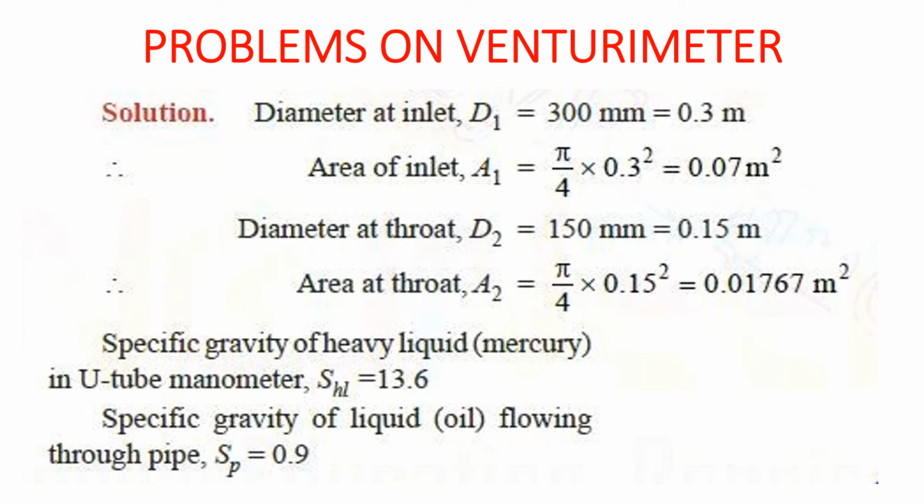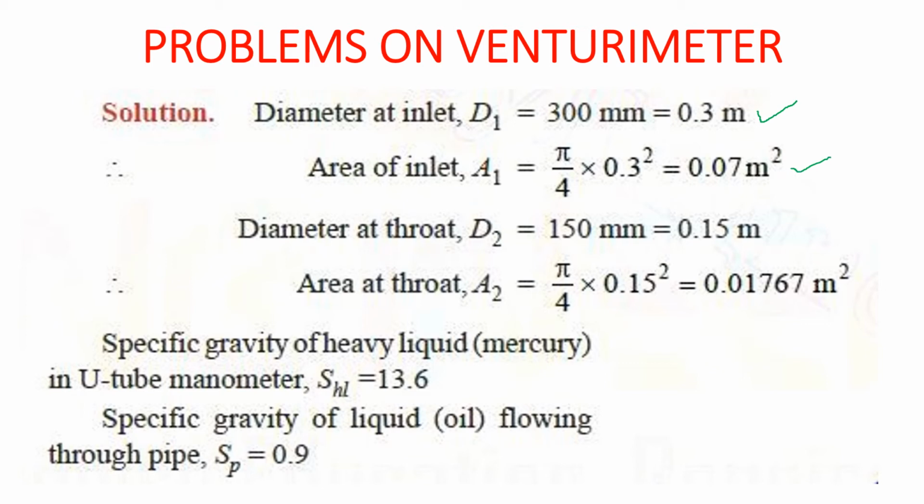So initially, diameter at inlet, which is D1, as always, is 300 mm, which is given to us, so we have converted that into meters. So we have got this as 0.3 meters, right? Then area of inlet will be pi by 4 D1 square, so pi by 4 into 0.3 square.